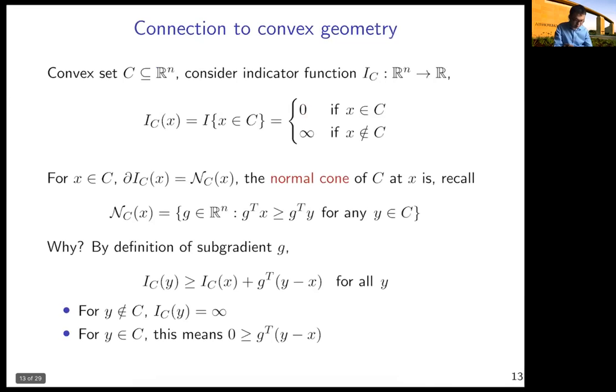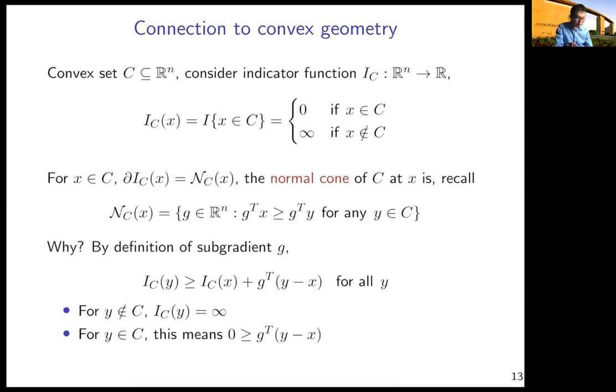So subgradients are closely connected to convex geometry through the so-called indicator function that we defined earlier. Again, this indicator function with this capital I denotes that if the input x is inside a convex set C, then you get 0. Otherwise, you get positive infinity.